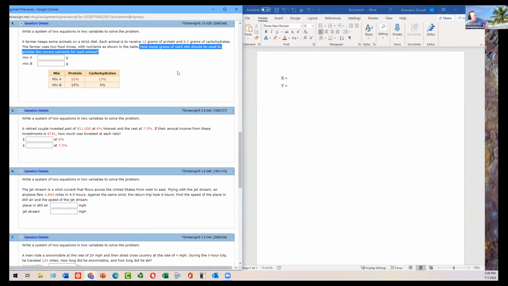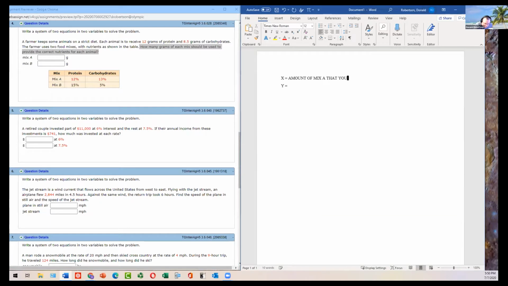How many grams of each mix should be provided? Now the mixtures are called mixture A, right, and mixture B. So X is going to be the amount of mixture A that you use. And Y is going to be the amount of mixture B that you use.